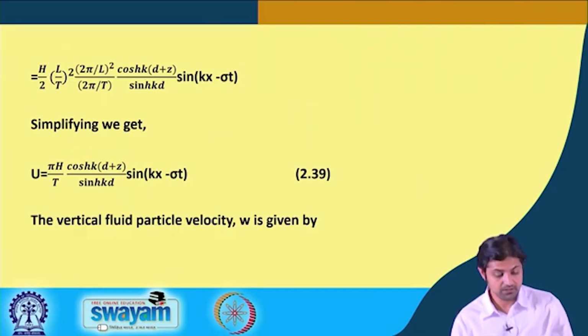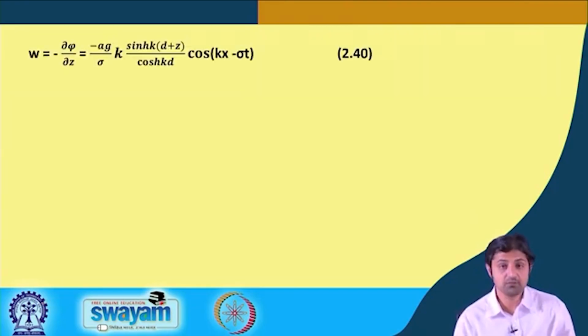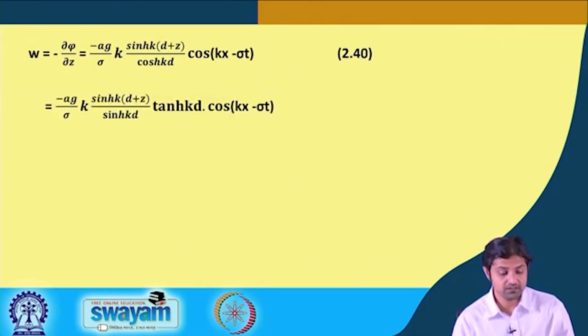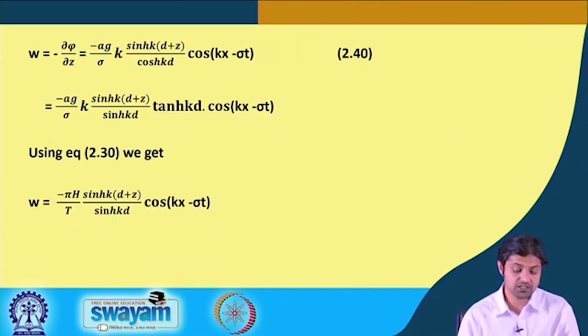Similarly, we can find the vertical fluid velocity, which is given by minus del phi del z. Similar substitutions will give us minus pi h by T sin h k (d plus z) divided by sin h k d.